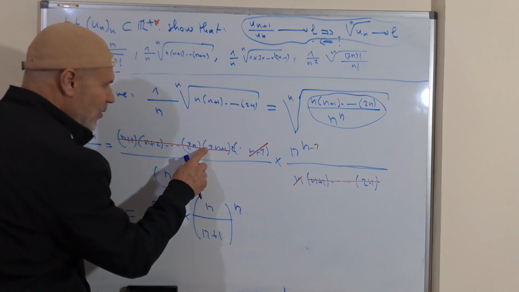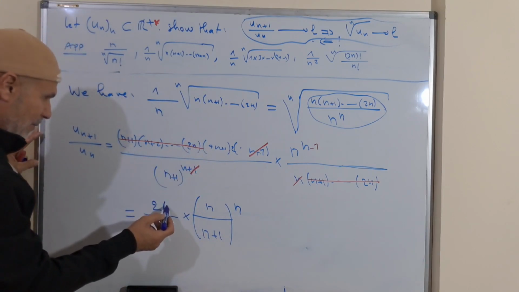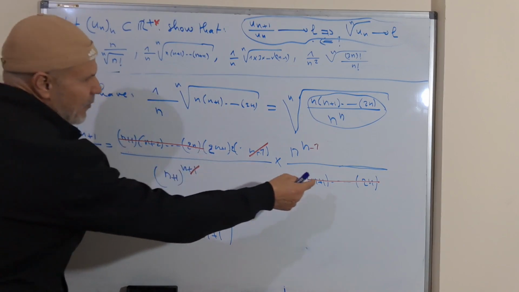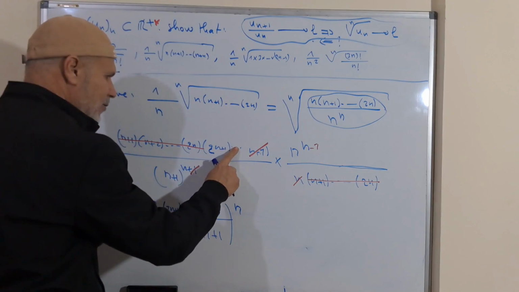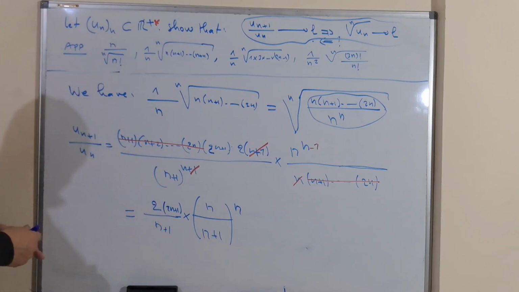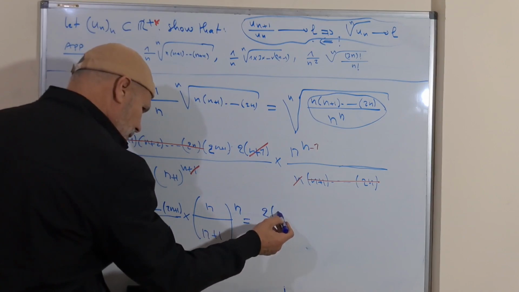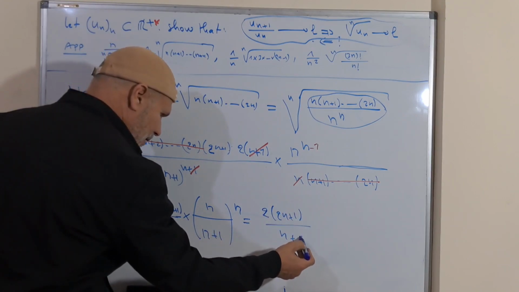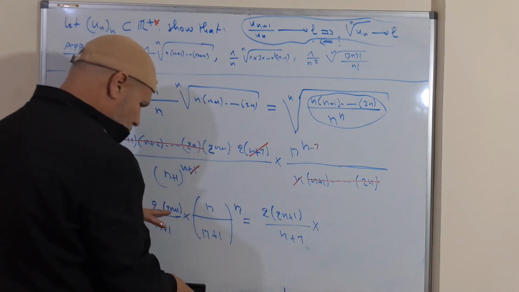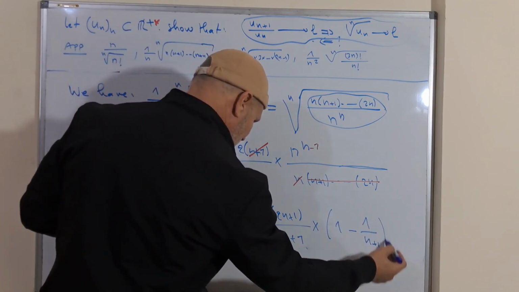Now here I am wrong, so we keep n plus 1, so 2 times n plus 1. This one we cannot consider because we don't have an equivalent here, and here we have 2n plus 2, which means 2n plus 1. So this is okay. This is equal to 2 times n plus 1 divided by n plus 1, times, we add the 1 and we take it off, plus 1 minus 1, so 1 minus 1 divided by n plus 1 power n.